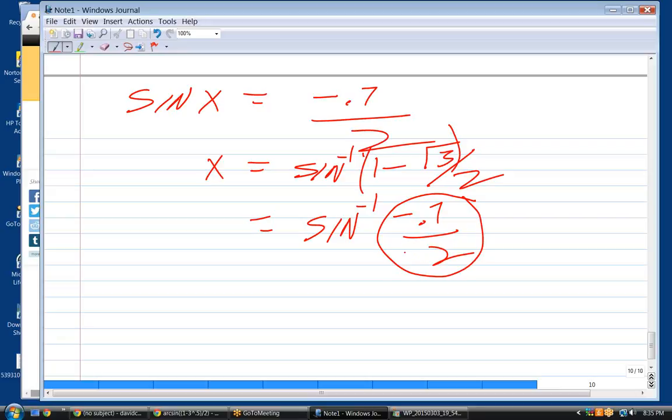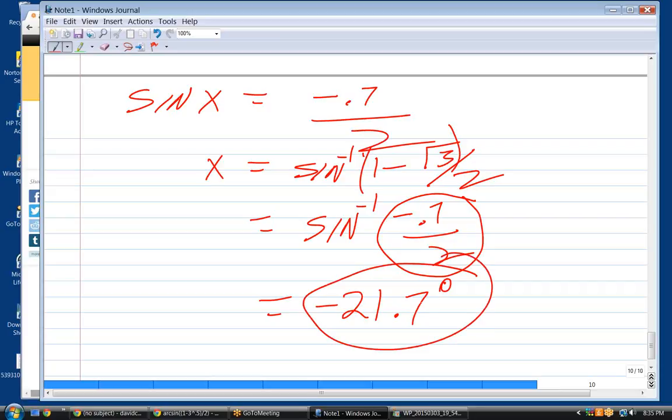And it gave us the fourth quadrant answer, which is the principal value for inverse sine. It gave us minus 21.7 degrees. Well, that's a fourth quadrant angle. But there's also a third quadrant angle.